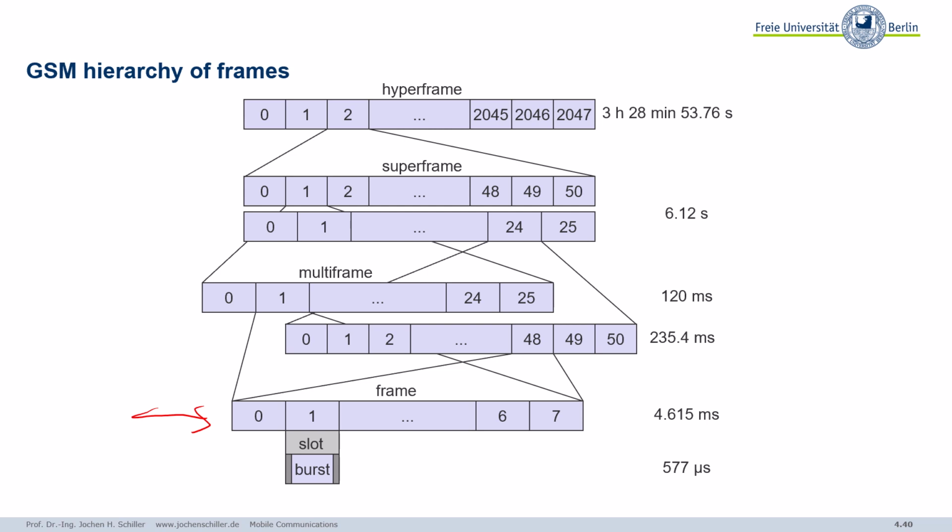We have many other frames: multi-frames, superframes, hyperframes, etc. Why? Again, without the details, you use these frames, for example, to code control data into the data stream. So, for example, you can always use a certain slot in a multi-frame to transmit certain control bits.